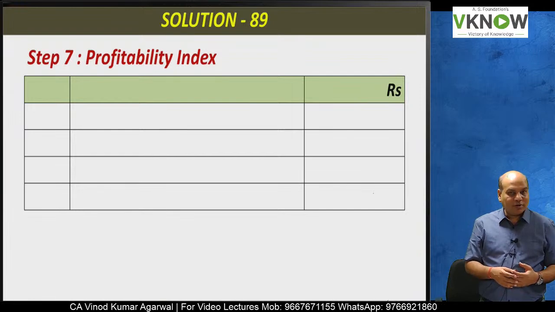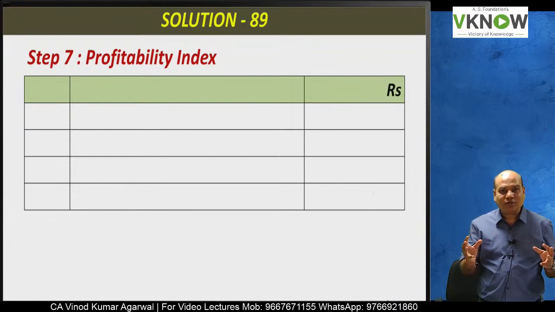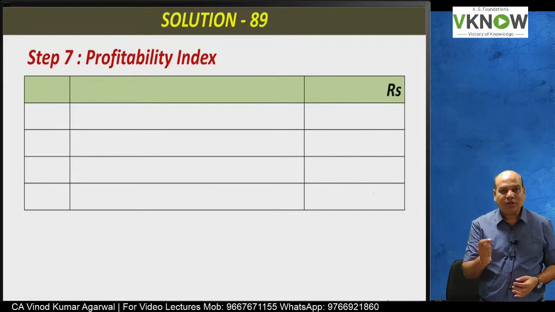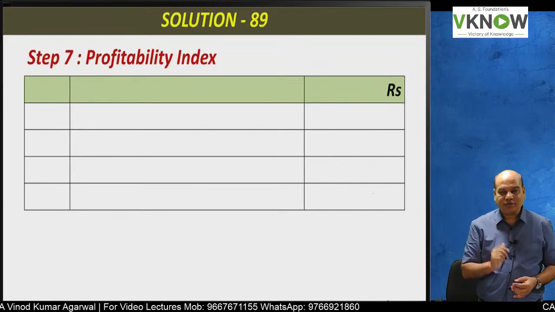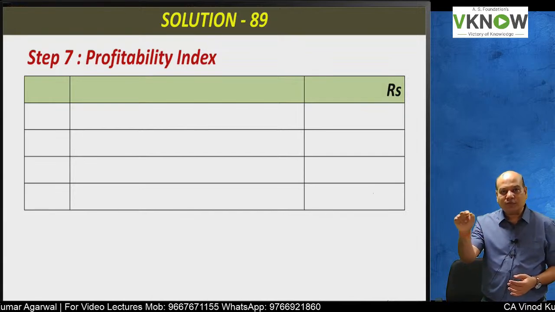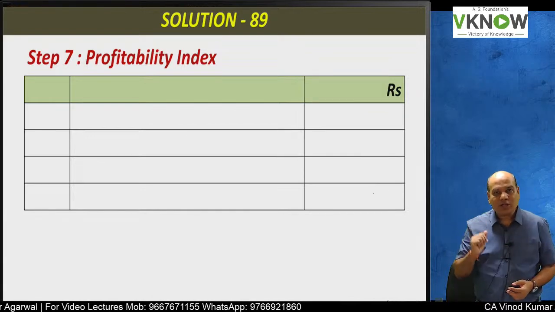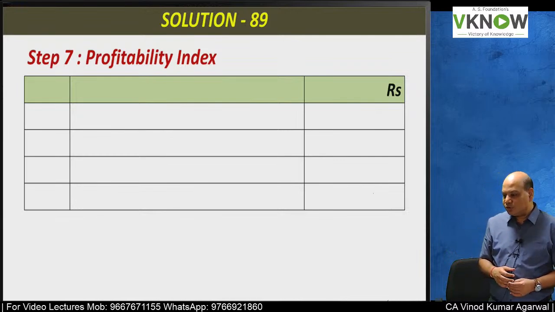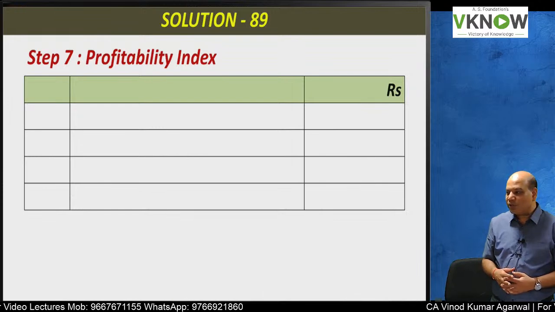Okay. Show your intelligence. You are a final student. What is the profitability index? I have given you the formula also. PV of cash inflow upon PV of cash outflow. What more do you want? Should I appear on your behalf in the exam?